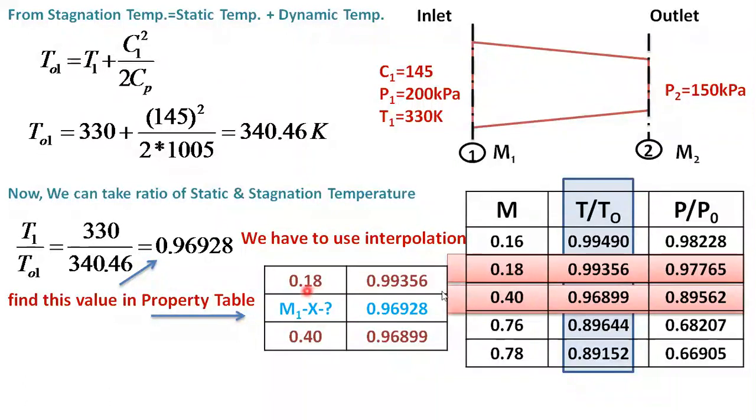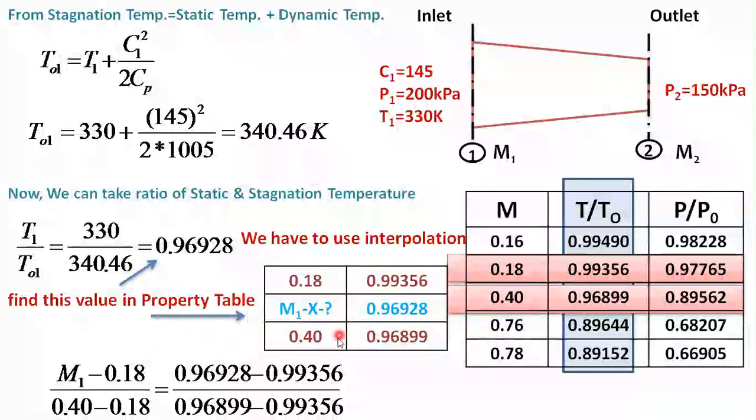So for 0.18 we have 0.99356. For Mach number 0.4 we have a temperature ratio of 0.96899, and our temperature ratio is 0.96928, which is somewhere in between, and we don't know the Mach number value. So we will use the interpolation equation.